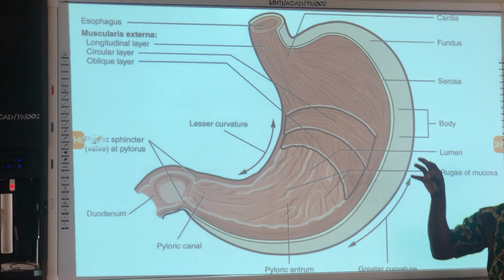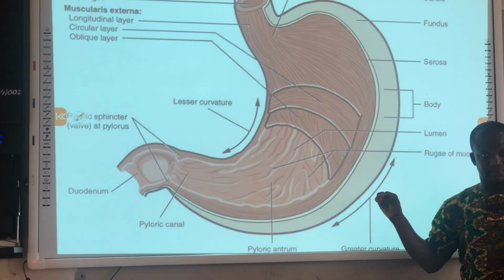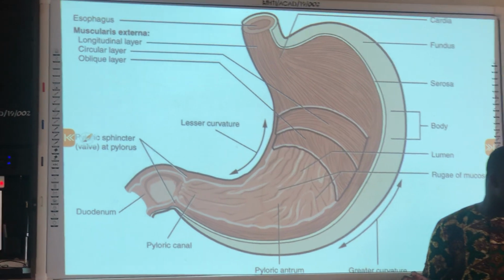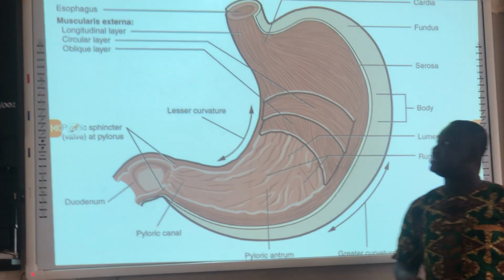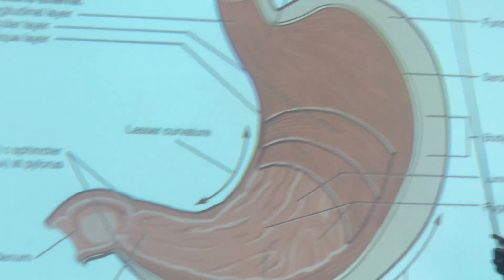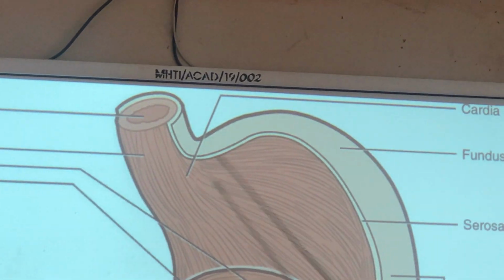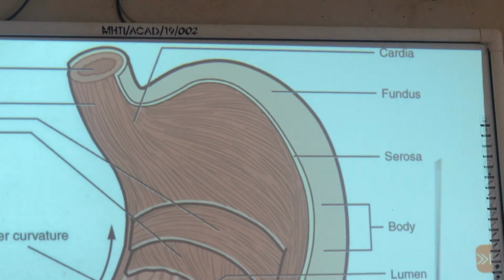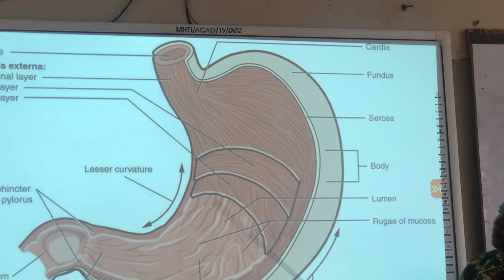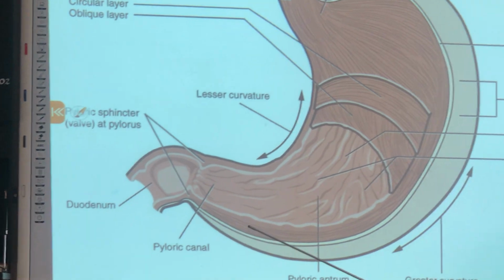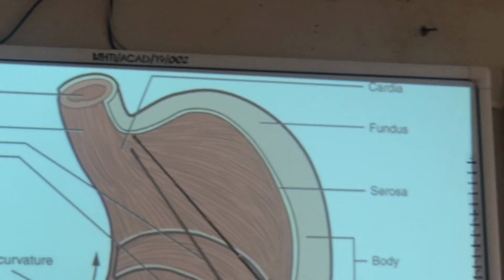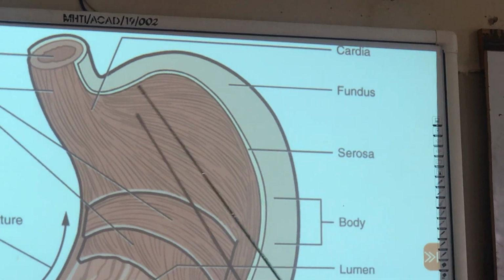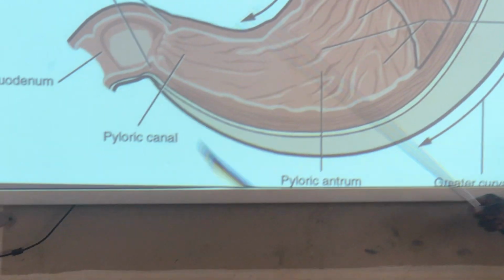Now we are going to describe the stomach macroscopically. Macroscopically, the stomach is made up of four regions, namely the cardiac region, the fundus, the body, and the pyloric region.